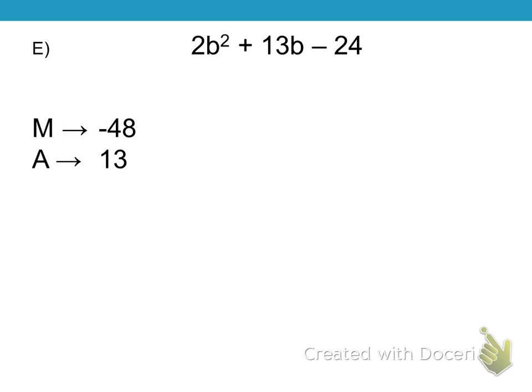What are we trying to find? Two numbers that multiply to this and add to this. 3 and 16, good. We need to make one of them negative, which will be the 3. We want it to be the smaller one so that when we add them, we get a positive. So these are the two winning numbers.